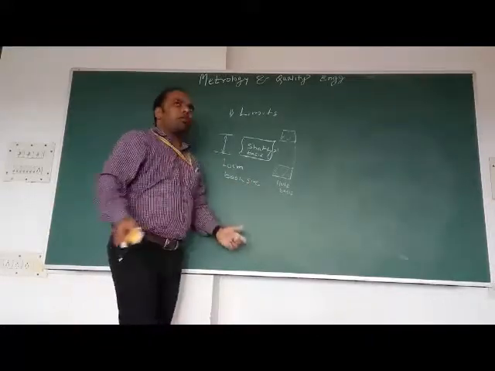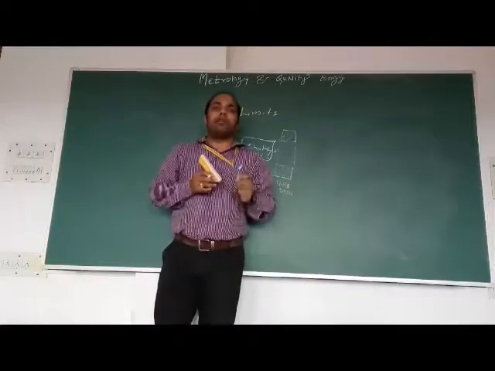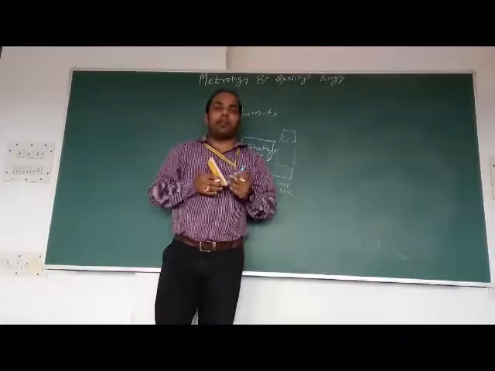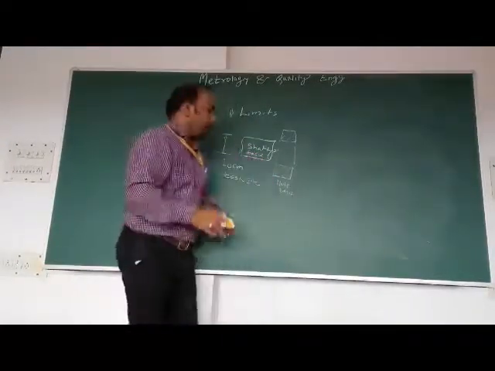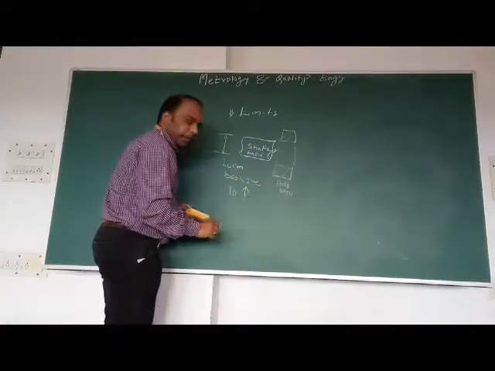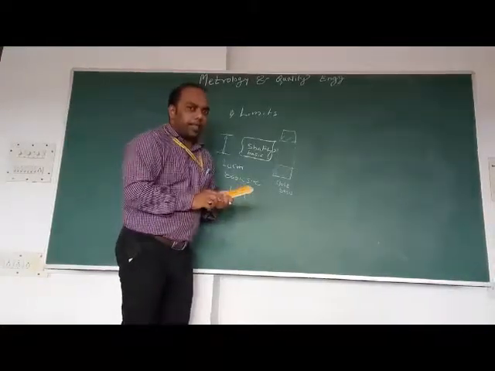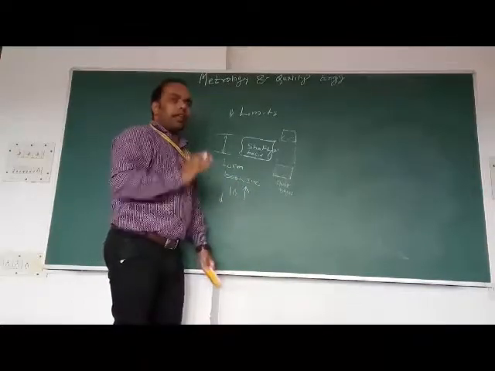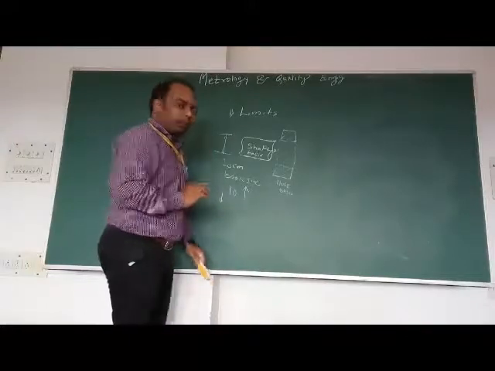Now, we all know that in the world of mass production and interchangeability, machines have different varieties of tools and different skilled and unskilled workers working on them. There is a chance that some dimensions may go above 10 centimeter and some may come below it. So we have to take into consideration that there should be some allowable sizes up to which, if the workpiece is made, it has to be accepted.